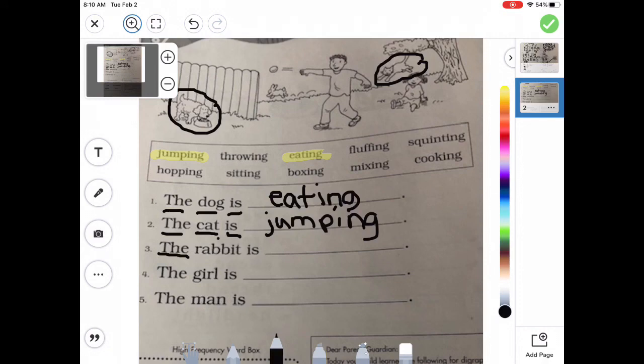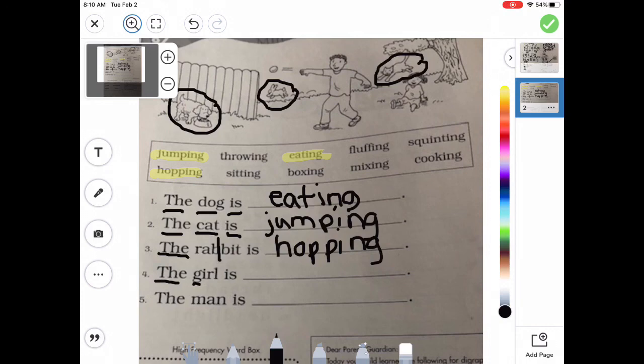This is a multisyllabic word, so break it down. It's like 2 CVC words. It. Bit. The rabbit is, what do rabbits do? That's right, they hop. So do you see hopping? Yeah, hopping is right over here. So the rabbit is hopping. What about the next one?